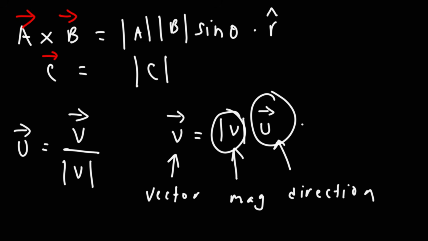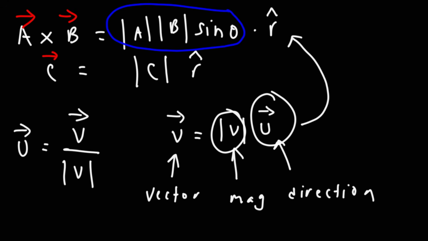And this part here, the unit vector, will be equivalent to the unit position vector. So when dealing with the cross product formula, just know that this gives you the magnitude of the resultant vector quantity, and this gives you the direction.